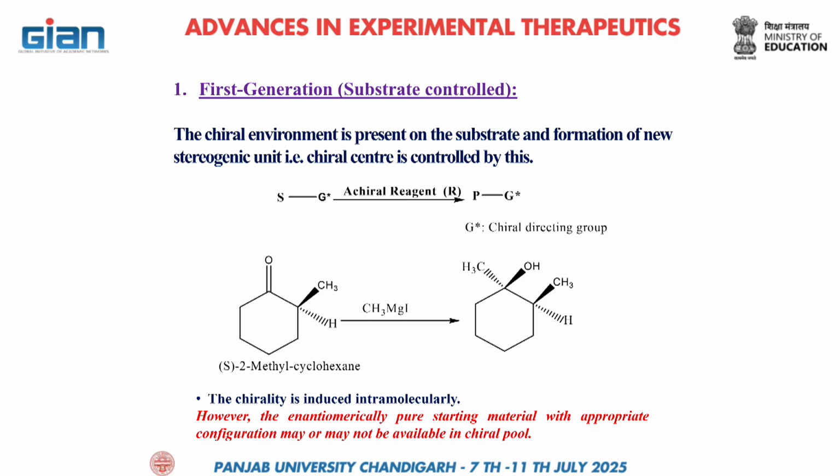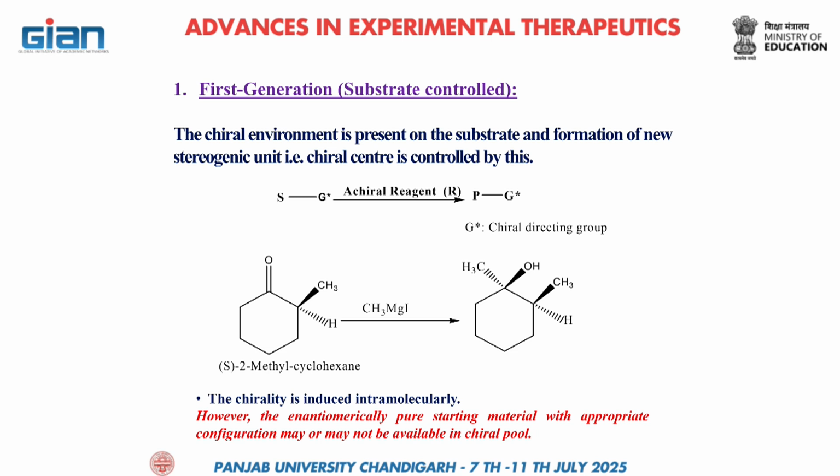Can you see in your product you got a new stereogenic unit where you have a methyl and OH. OH is above the plane and methyl is below the plane. So the chiral environment is present on the substrate and the formation of the new stereogenic center is controlled by this.